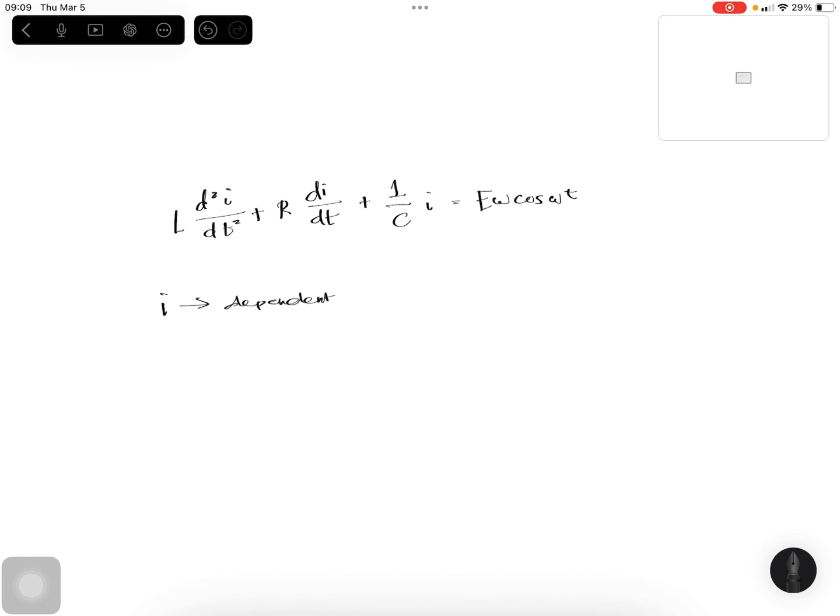Now, independent variable daw is when an equation involves one or more derivatives with respect to a particular variable.